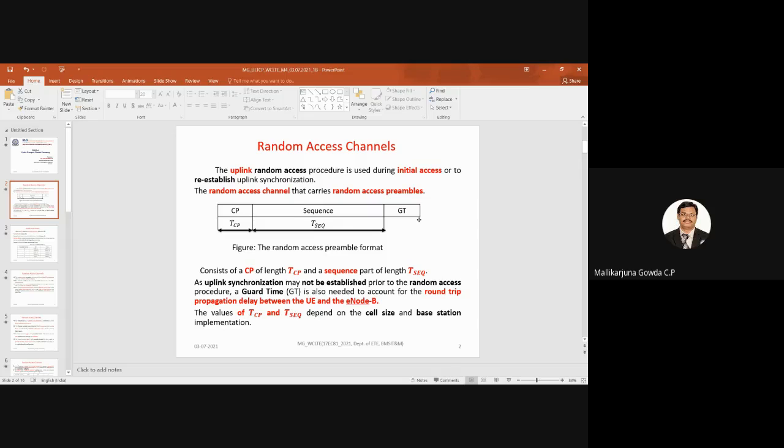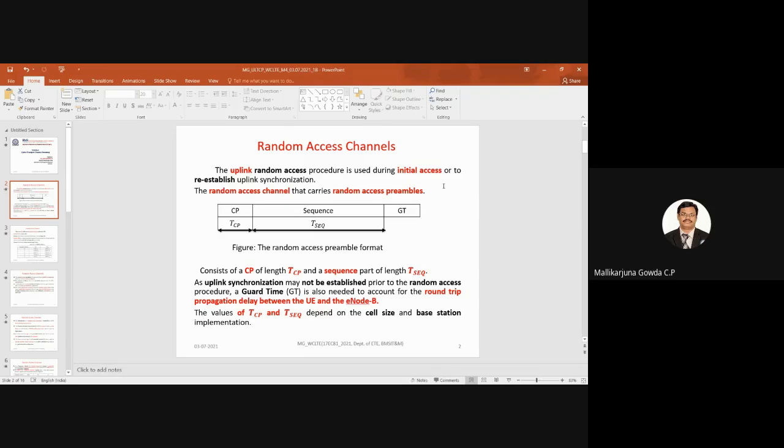The uplink random access procedure is used during the initial access, that is, the moment you switch on your mobile equipment, it will search for the channels. During that time, everything will be synchronized with the particular cell wherever you are.